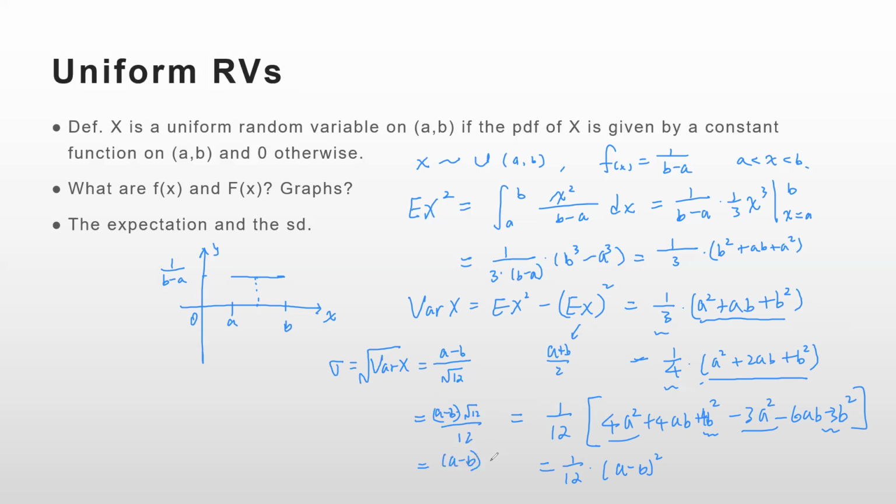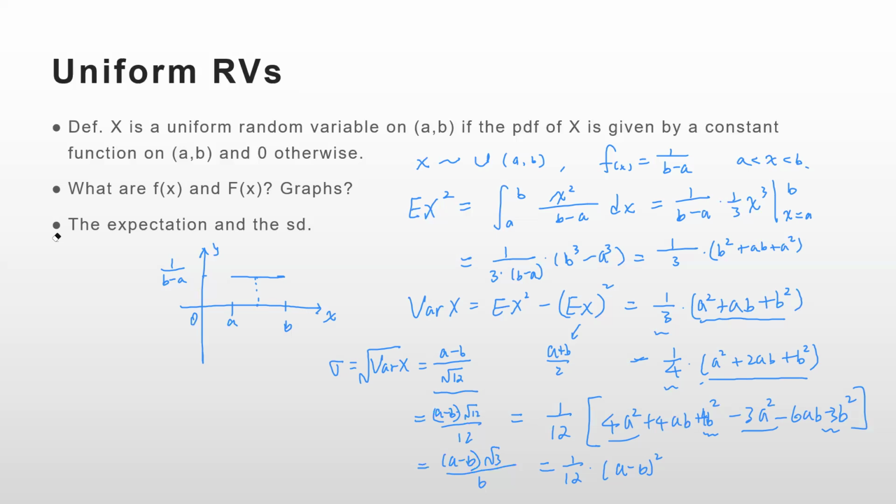The 2 is canceled out. You have a 6. Normally it's fine with that. In terms of calculation, sometimes it's good enough to have b minus a over square root of 12. Okay. So that's the variance.